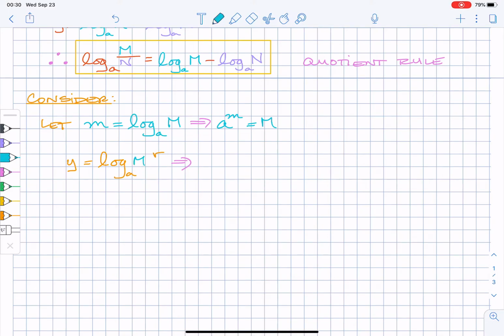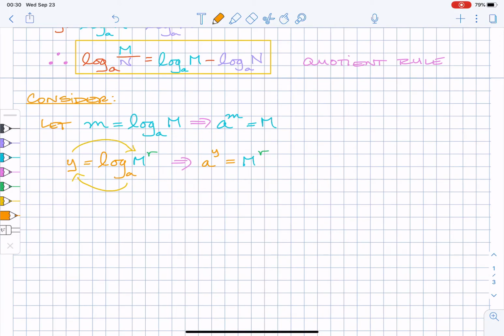And maybe I'll write the r in a different color so that's explicit. Let's do green. Okay, so this implies that base A raised to the answer y is equal to the argument m raised to the r. Okay, so this is base raised to the answer is equal to the argument.